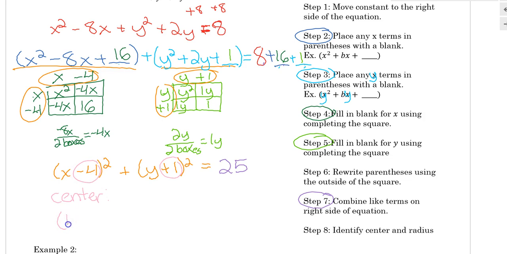Negative 4 changes to positive 4. 1 changes to negative 1. And then r squared equals 25. Square root, r equals 5. So center and radius there. So no more difficult, nothing different. You just have to do your steps twice for x and for y.